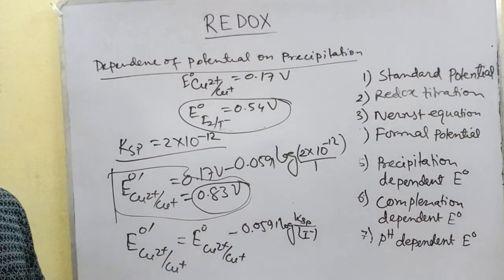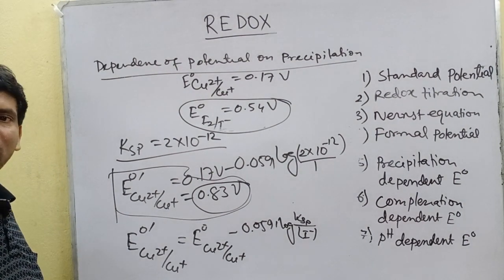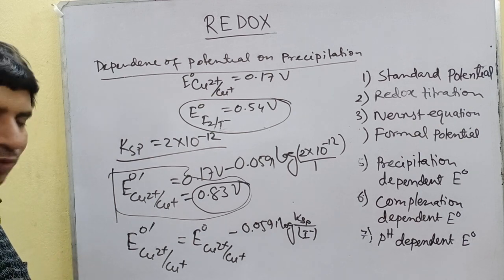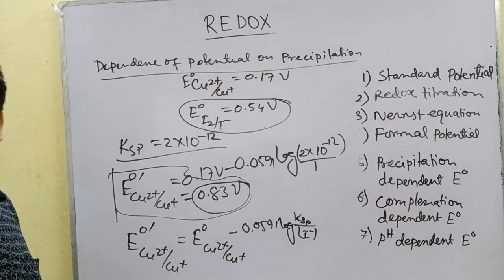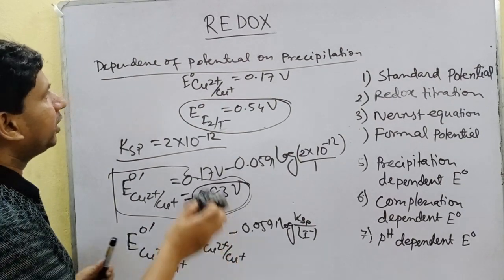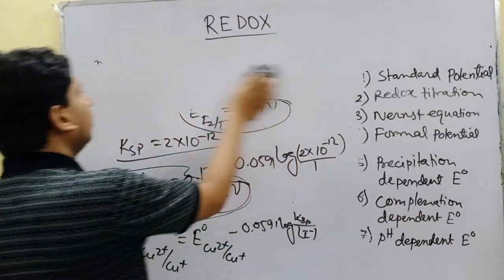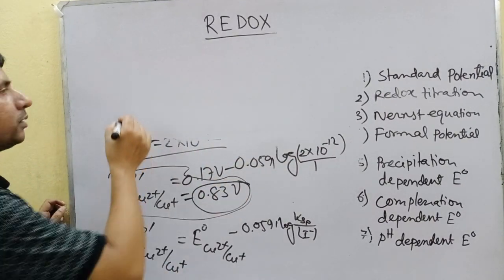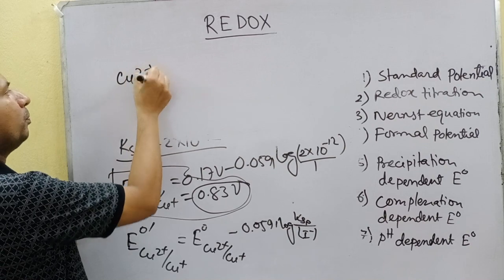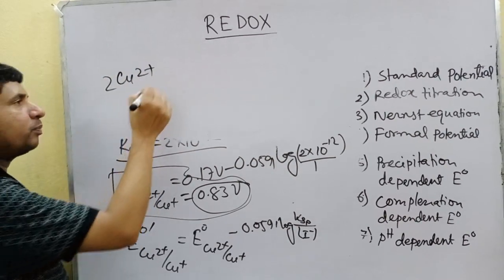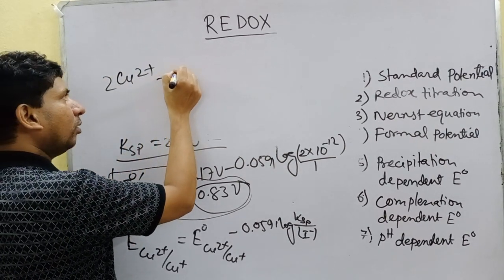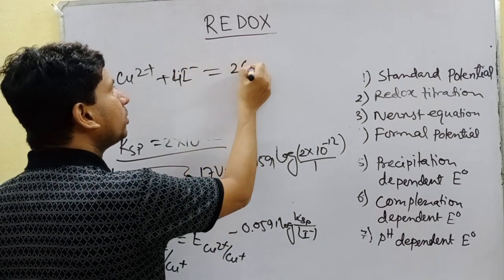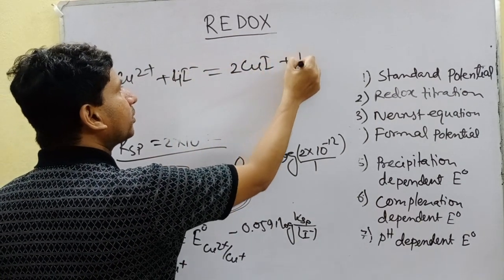That means from I minus, I2 is formed. So the reaction is like this: 2 Cu2+ plus 4 I minus gives 2 CuI plus I2.